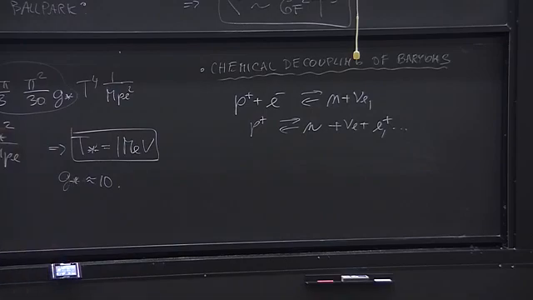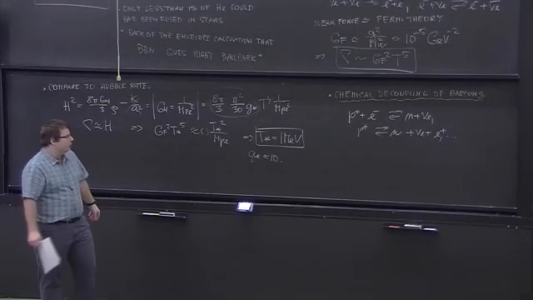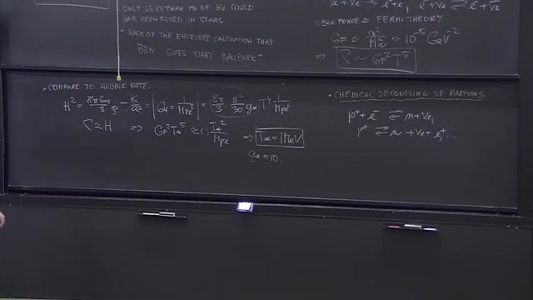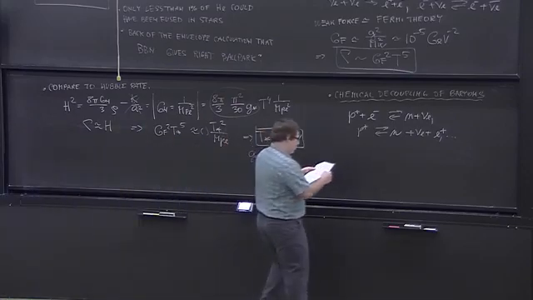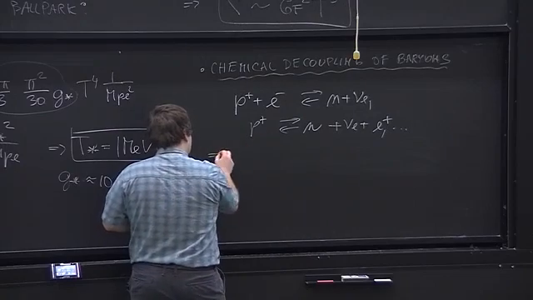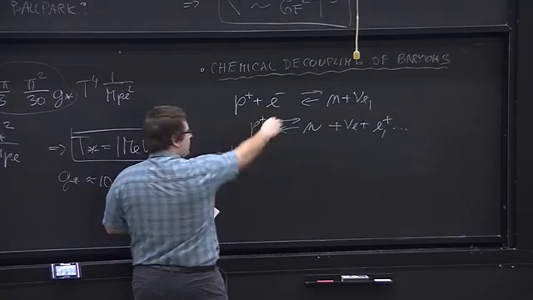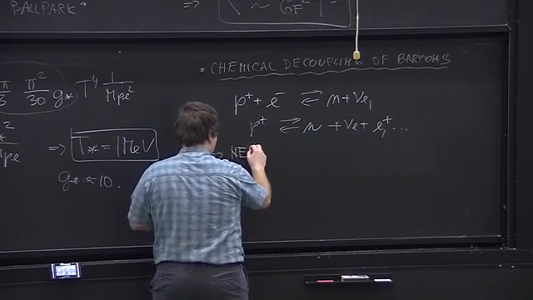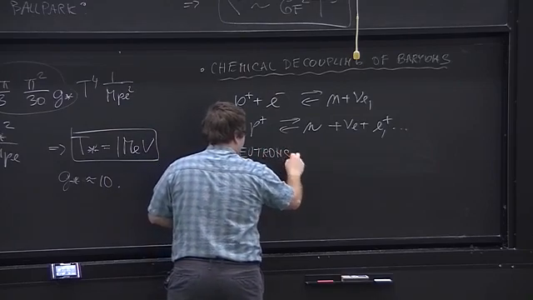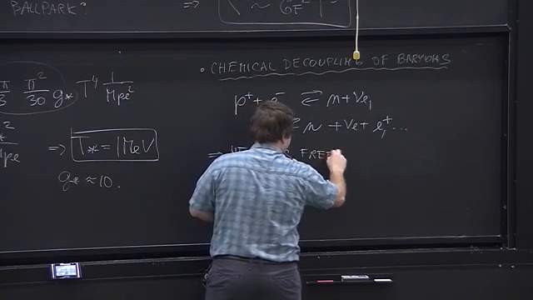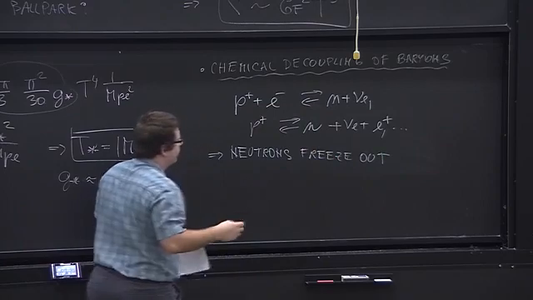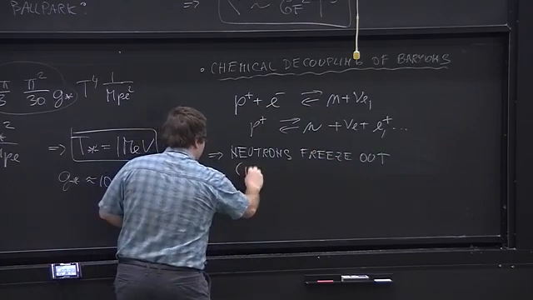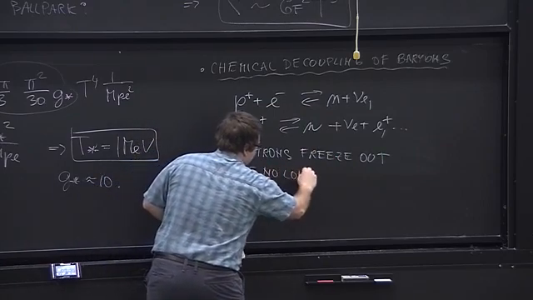So now when these reactions cease to work properly, then protons and neutrons will separate from each other. When they cease to be efficient, then neutrons freeze out.